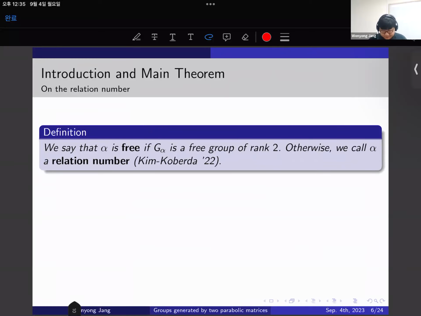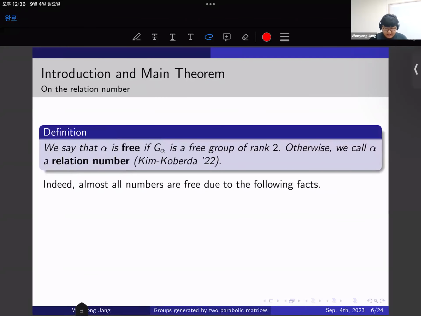Now, I give a basic definition. We say that a complex number alpha is free if the corresponding group G alpha is isomorphic to a free group. If not, we say that alpha is a relation number. So a complex number is either free or relation. Actually, almost all numbers are free.